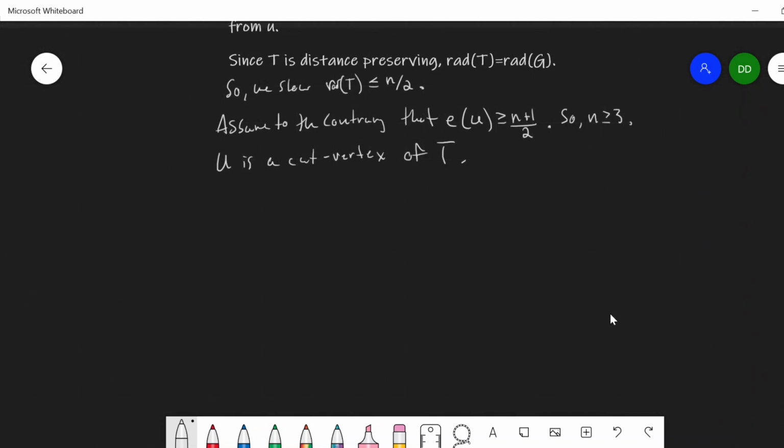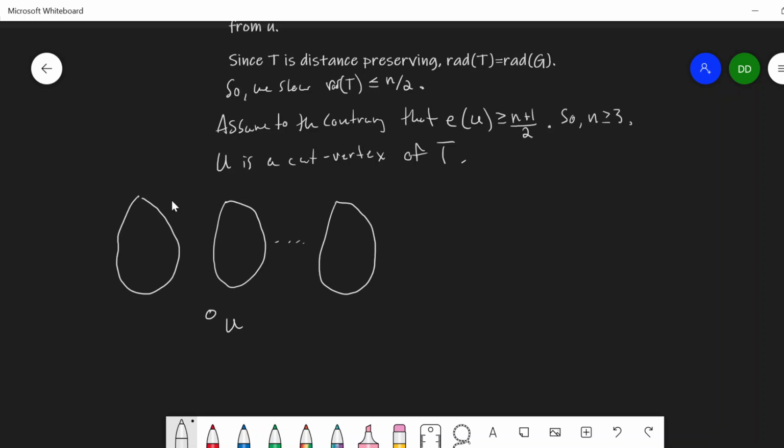So when I remove it, I'll end up with a forest. Here's what our situation looks like. We have U, and when I remove that, I end up with possibly several components, at least 2 components. I'm going to call this one, I'll hold off on naming this one.